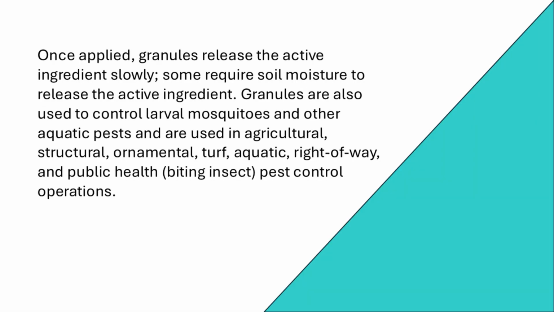Once applied, granules release the active ingredient slowly. Some require soil moisture to reach the active ingredient. Granules are also used to control larval mosquitoes and other aquatic pests and are used in agricultural, structural, ornamental, turf, aquatic, right-of-way, and public health biting insect pest control operations.